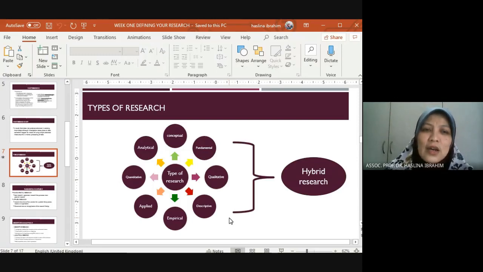Okay, empirical. Empirical research is research on the ground. Research in the field. You go to the ground, you meet people, you take data, you administer surveys, questionnaires, interviews. This is empirical research. The observation method is one of the forms of empirical research. You can also initiate a lab.